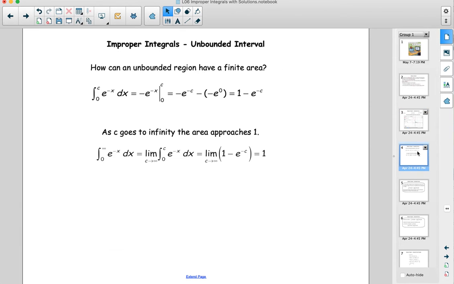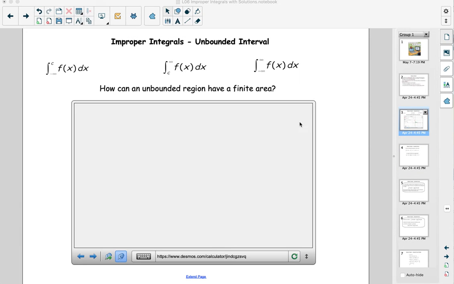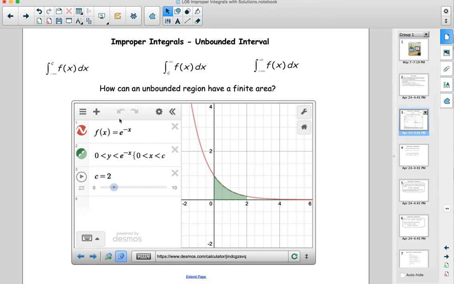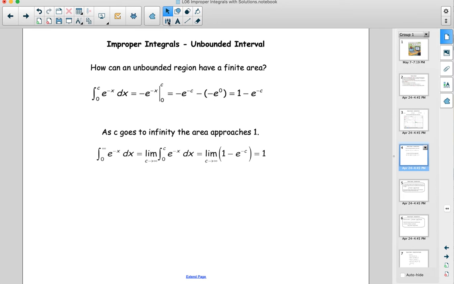So let's take a look at this numerically. I want to show you the function we were looking at. This is e to the negative x. I forgot to tell you that. So if it was a definite integral, we're looking at the integral from 0 to c of e to the negative x.